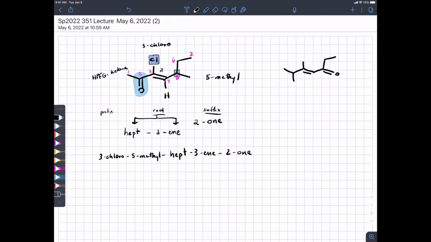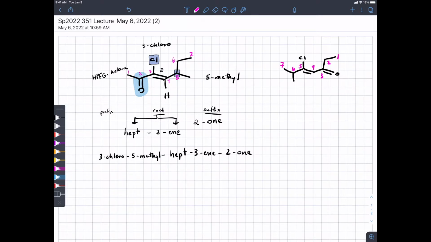So, yes, if you put the ketone somewhere else, that might alter your numbering scheme so that the highest priority functional group could still have the lowest number. You choose the numbering scheme that gives the highest priority functional group the lowest possible number.